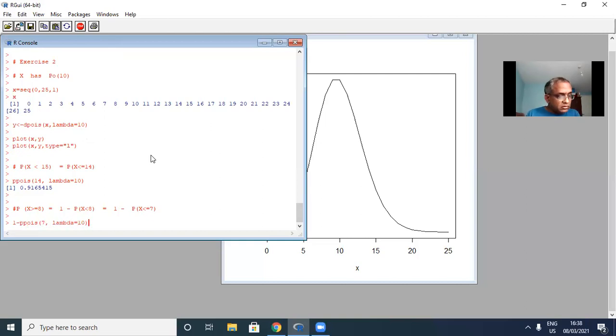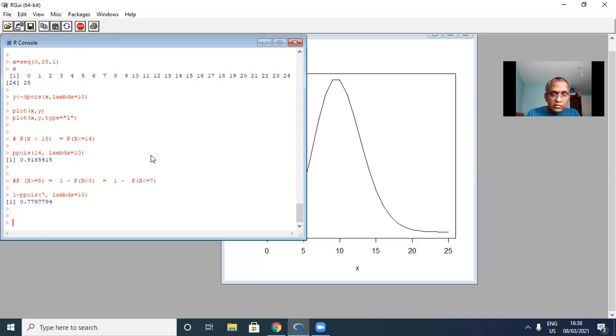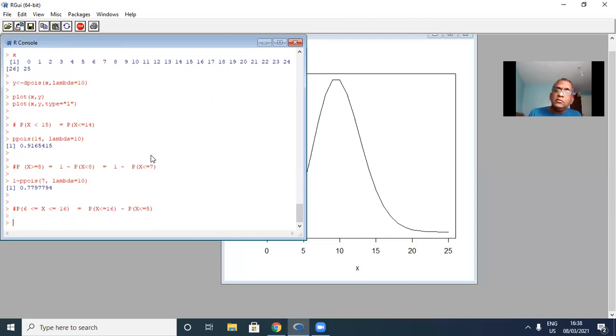equal to 10. And finally, the question is asking you to find the probability that x is between 6 and 16, right? Now, this you can write as this. Right?